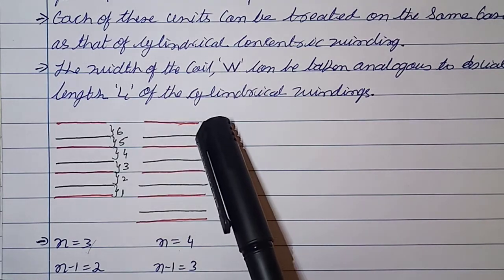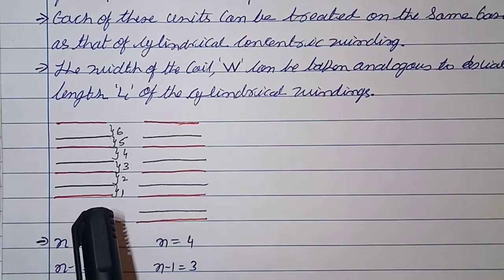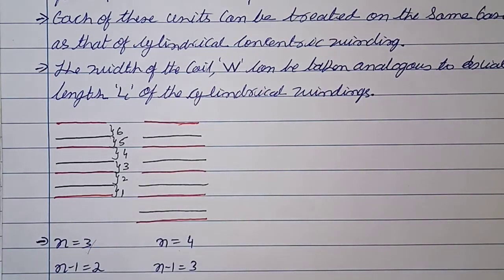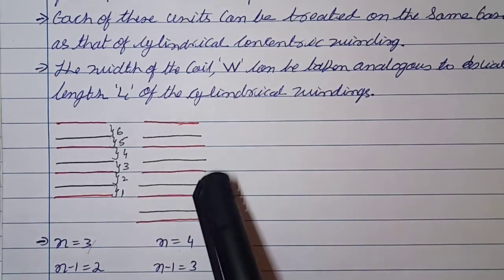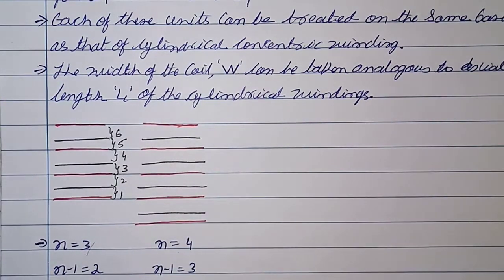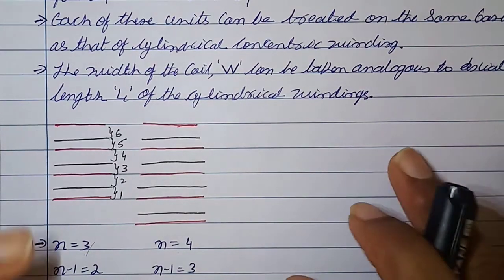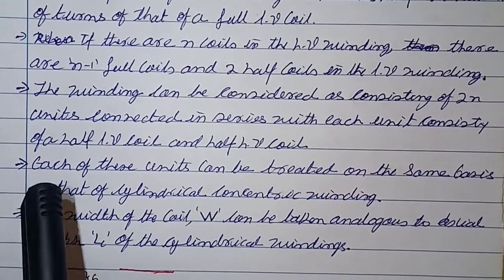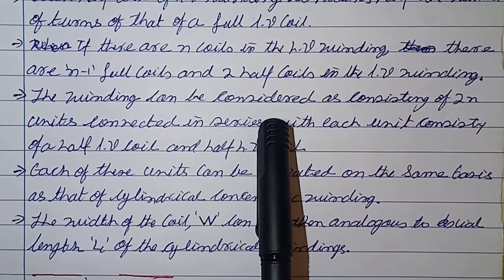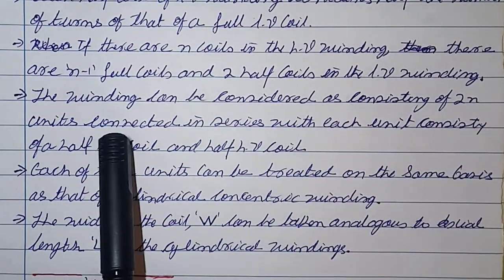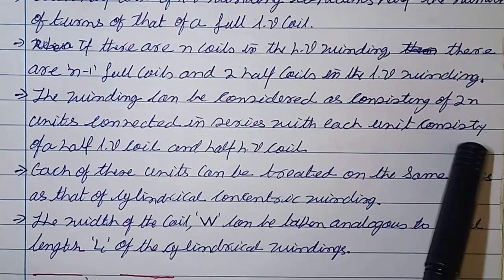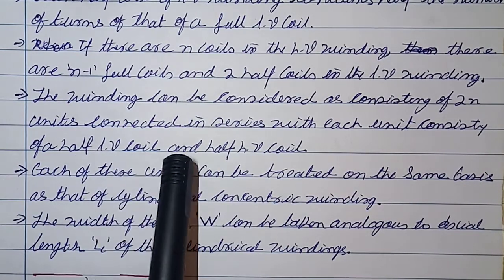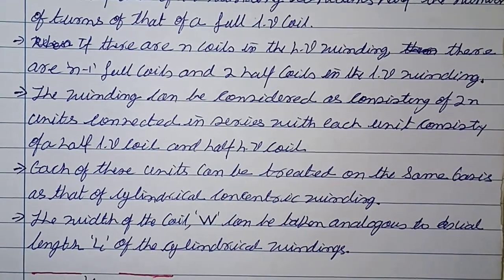Similarly, we can extend this to n equal to 4. Here we will have 8 units of half LV and half HV coil. So the winding can be considered as 2n units connected in series, with each unit consisting of half LV coil and half HV coil.